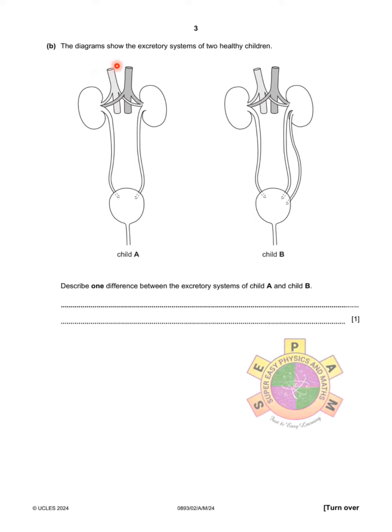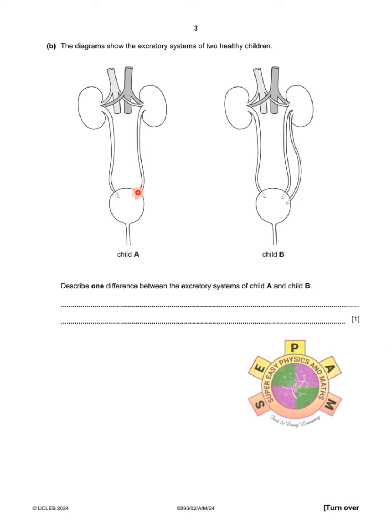The diagram shows the excretory system of two healthy children. Describe one difference between the excretory system of A and B. So you just have to look, this question is testing your ability to observe.